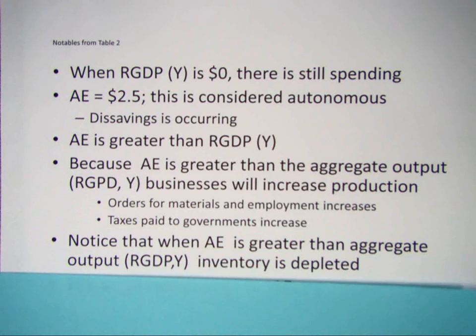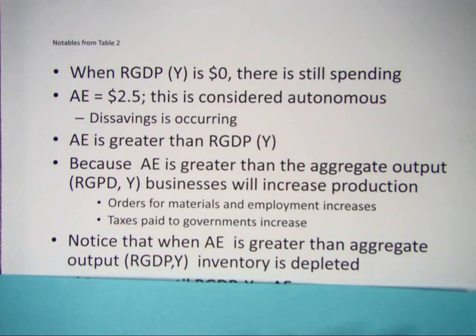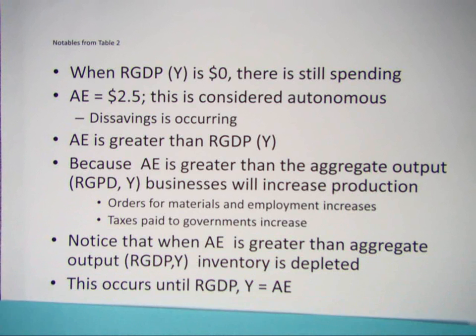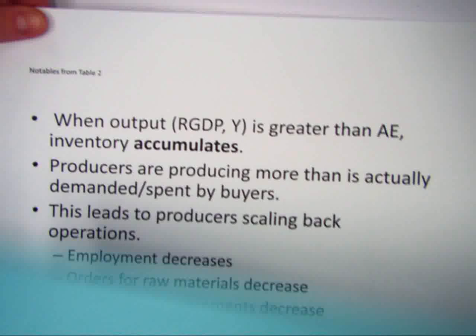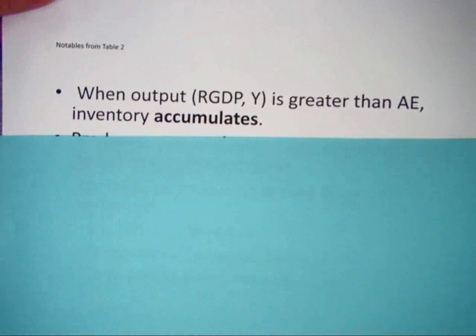Notice that when aggregate expenditures is greater than output, inventory is being depleted, and that occurs until that output level is equal to aggregate expenditures. So let's take a look at when output is actually greater than aggregate expenditures, when that inventory accumulates.